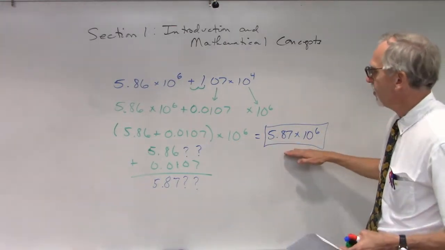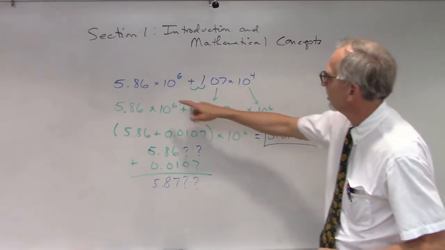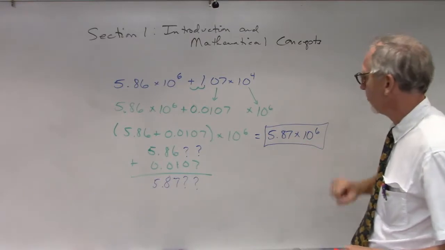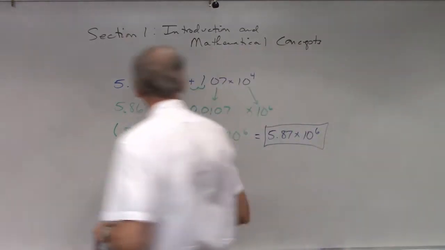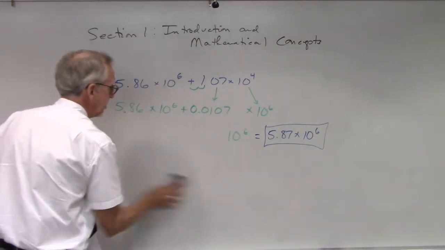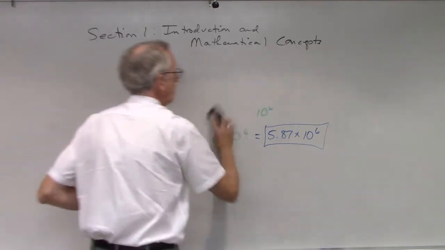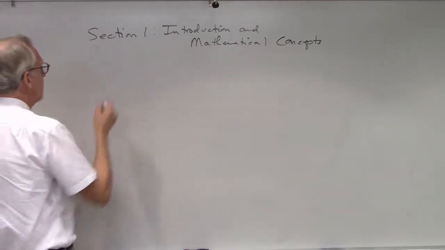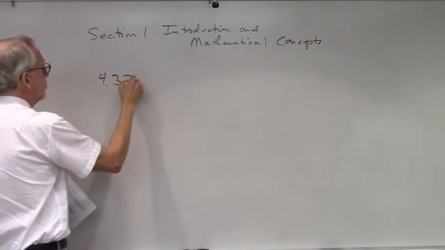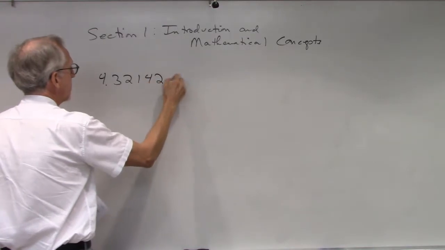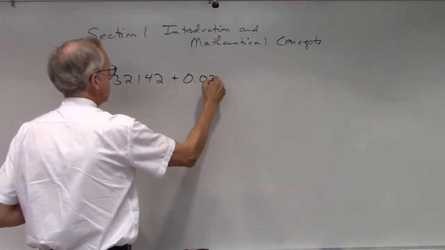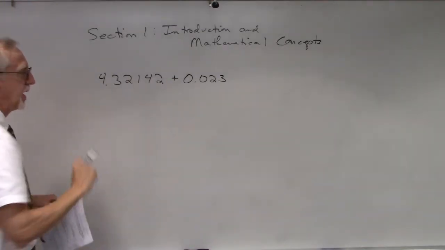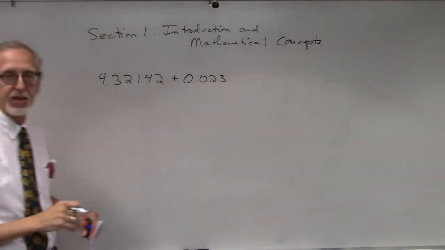The general rule of thumb here is not quite so obvious. Now, it looks like from this example that I chose, 3 sig figs and 3 sig figs, and we get 3 sig figs, but we cannot count up the number of significant figures like that. Let me give you a quick example without scientific notation. Let's imagine we have 4.32142 and we are adding 0.023. So maybe that's what we get, then both of these are times some power of 10 or something like that.